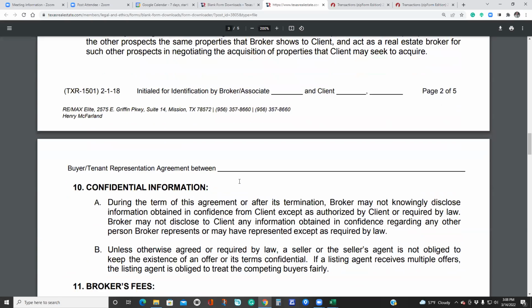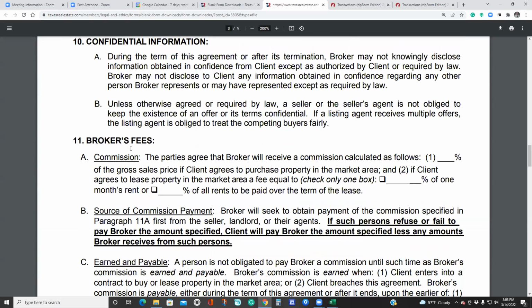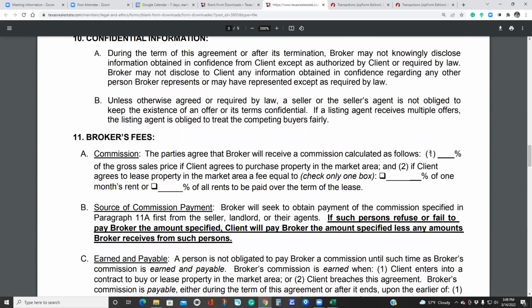When we're looking at the rest of this real quick, broker's fees. On the buyer side, one of the things going on nationwide is the buyer needs to be aware of what you're getting paid. It's no longer, not that it has ever been a secret, but the buyer needs to know. And it's recommended that you have a percentage in here and you talk to them about that and explain to them how that works.